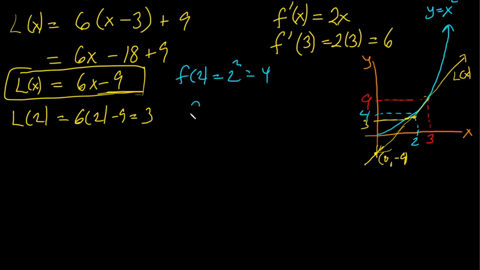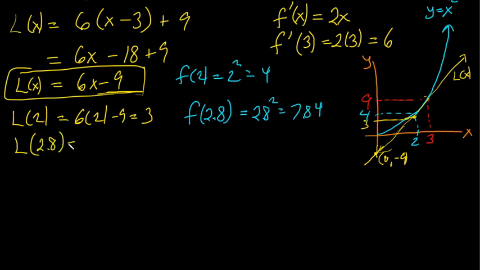So for example, if I plug into the original function 2.8, right, I get 2.8 squared, which is 7.84. And now let's compare that to the approximate results.